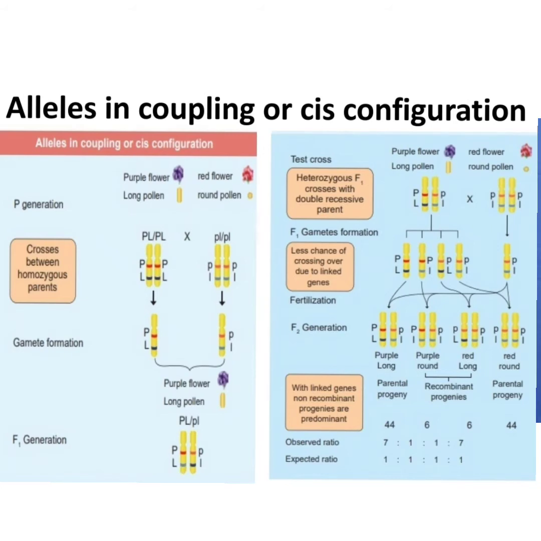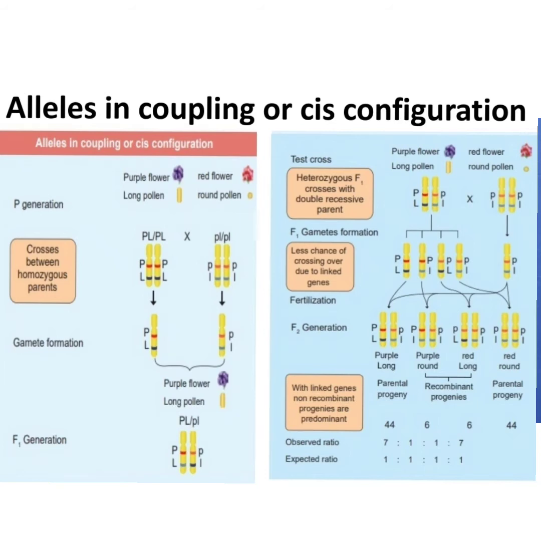The purple flower with long pollen will have capital P, capital L in one homologous chromosome and capital P, capital L in another homologous chromosome. Whereas the red flower with round pollen has small p and small l in one homologous chromosome and small p and small l in the other.